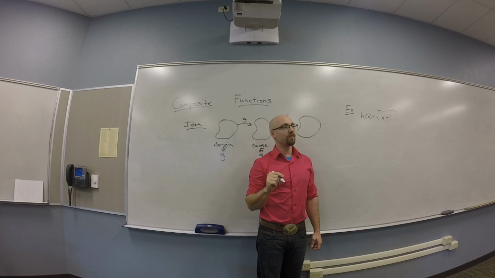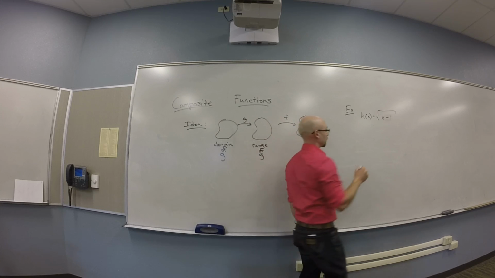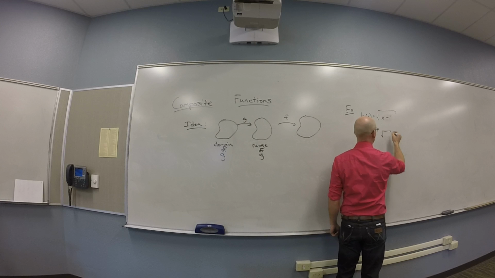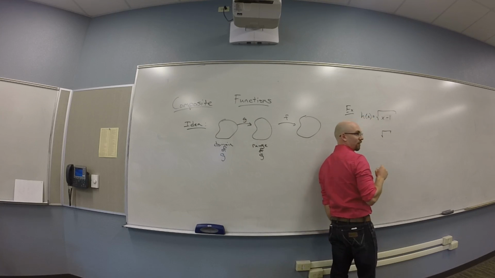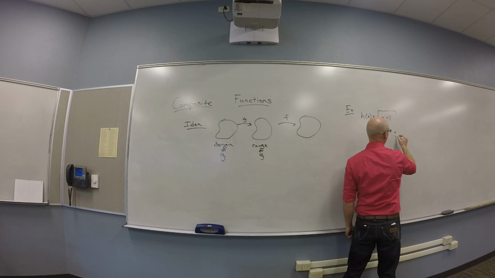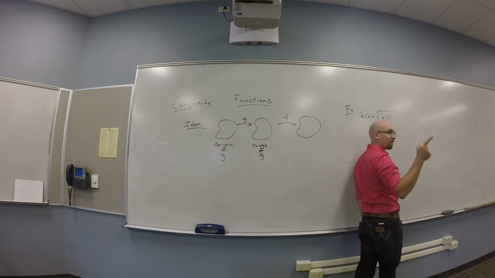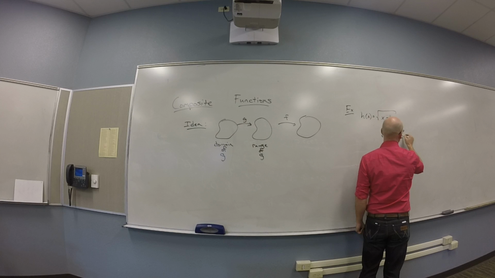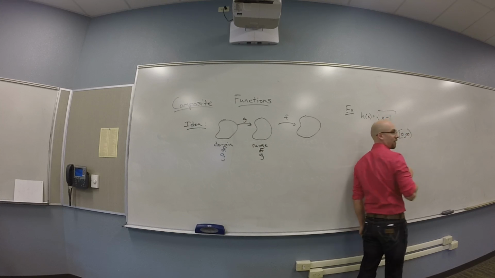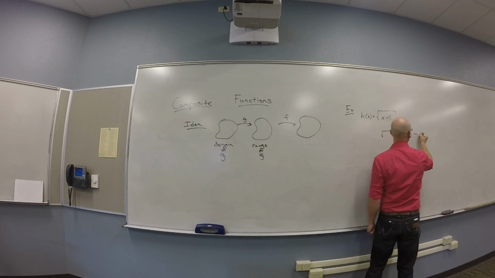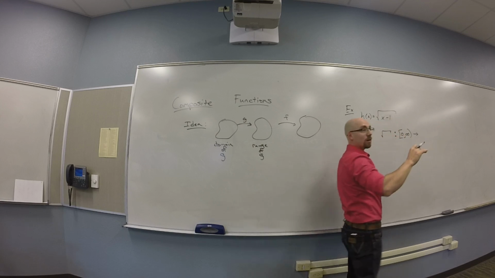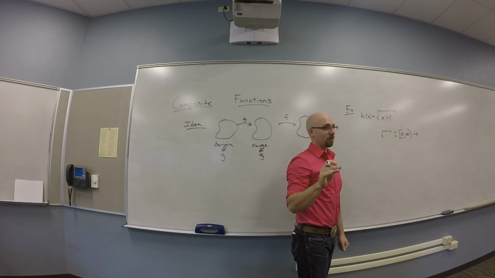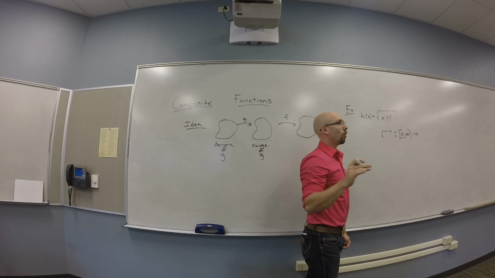Which kind of things can you fit into the square root function? Positive numbers and 0. So it takes the closed interval from 0 to infinity, and takes that somewhere. I don't really care where.